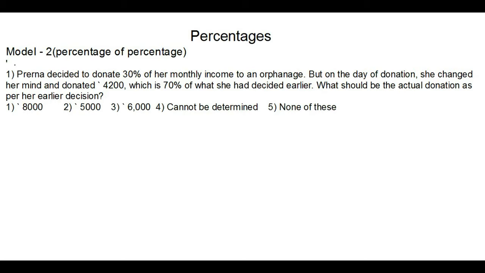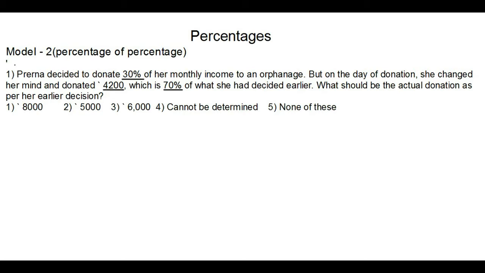So what should be the actual donation as per her earlier decision? Now as given in the question, Prerna decided to donate 30% of her monthly income. That means her earlier decision to donate was 30%. But on the day of donation, she has donated only 4,200, which is 70% of what she had earlier decided.